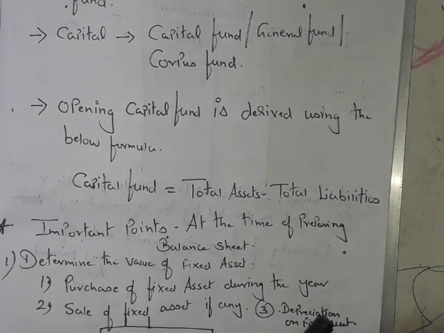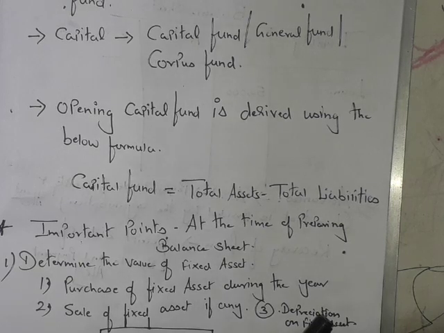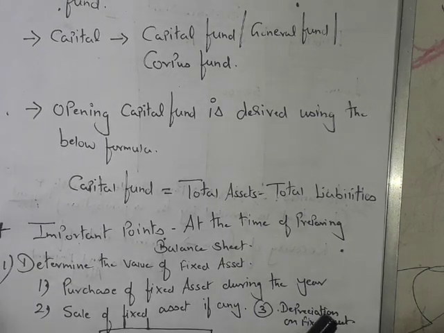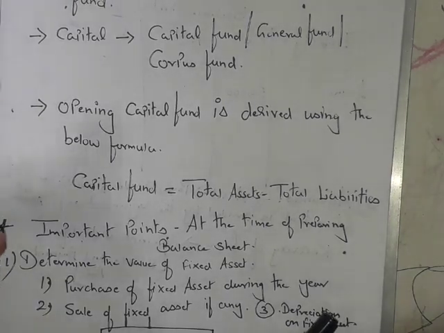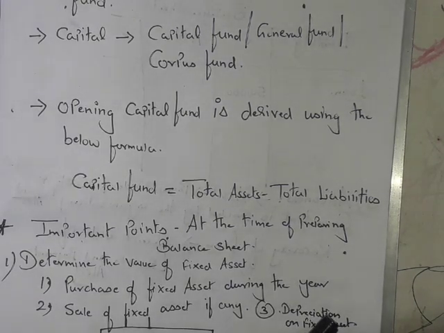Last year, we learned something called statement of affairs in our single entry system, where we prepare an opening statement of affairs to find out the opening capital and a closing statement to find out the closing capital.